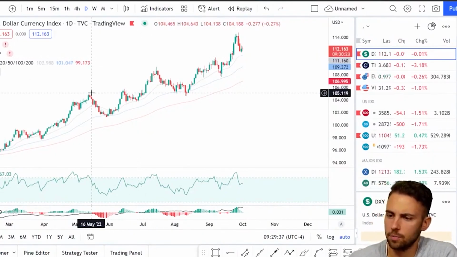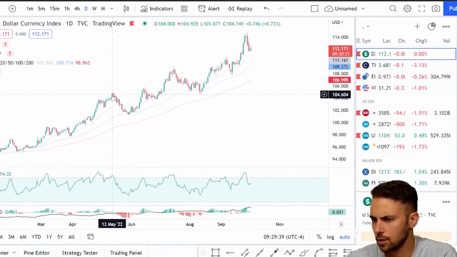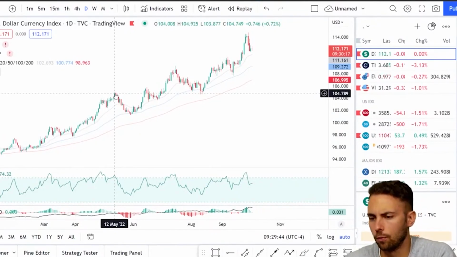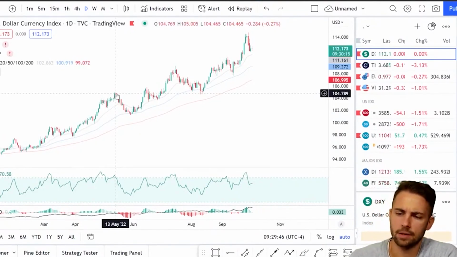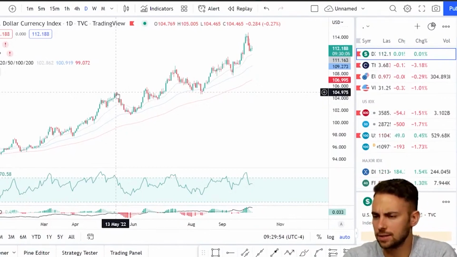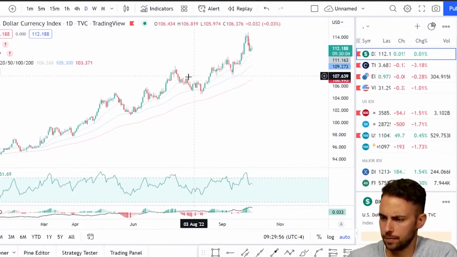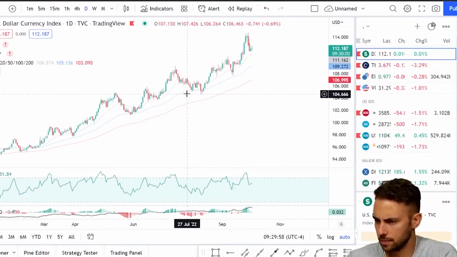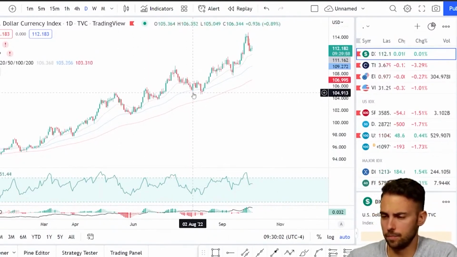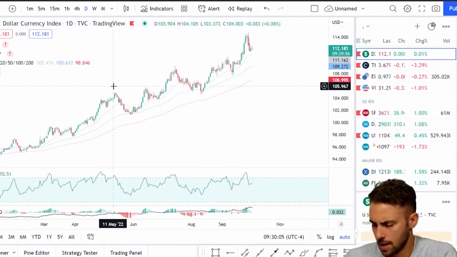So on DXY we may find resistance at the 104 level that was met on the 13th of May, and that was the resistance that coincided with the stoppage of the price right after, in the beginning of August.